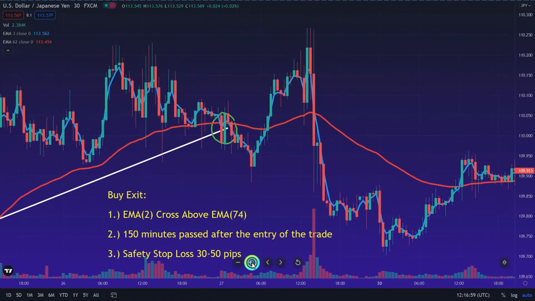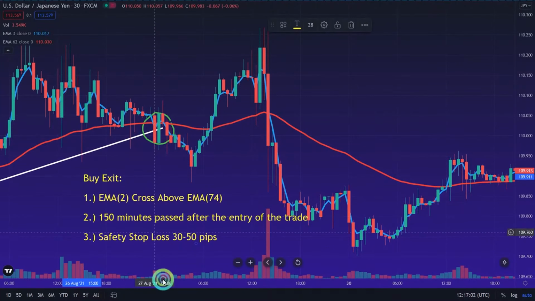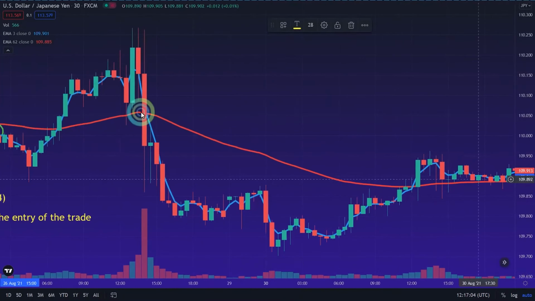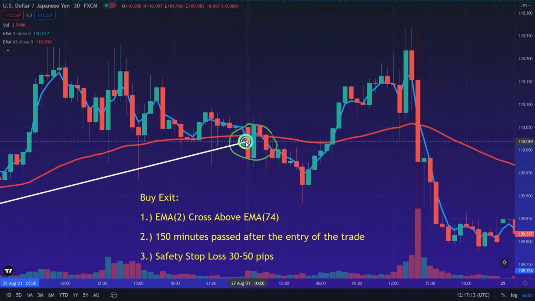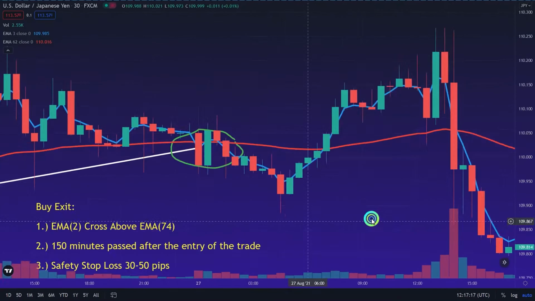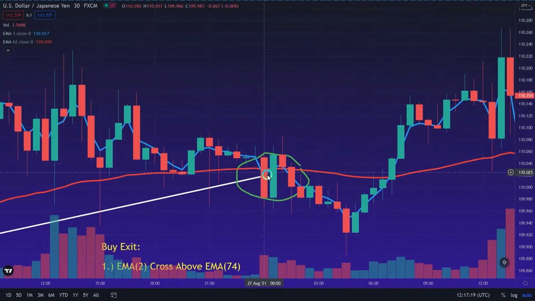I show you where we closed our trade. Of course, our second condition is already at the right place, and now here it is, well, it is not so obvious, but here our 2-period EMA crossed above our 74-period EMA.